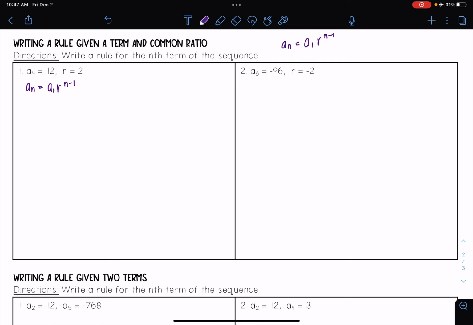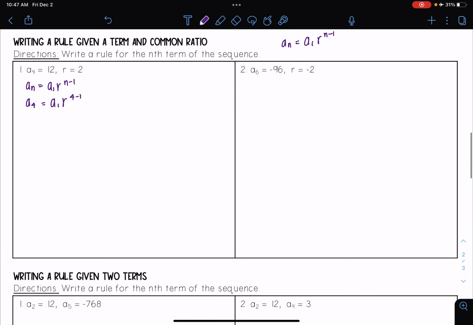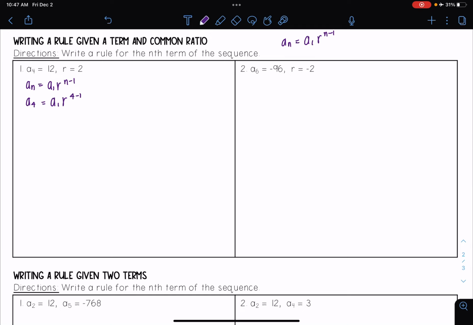And so I have a4, so I'm going to replace n with 4. And then I also know that a4 is equal to 12, so I'm going to replace a4 with 12 and substitute 2 for r. And then 4 minus 1, I get 3.